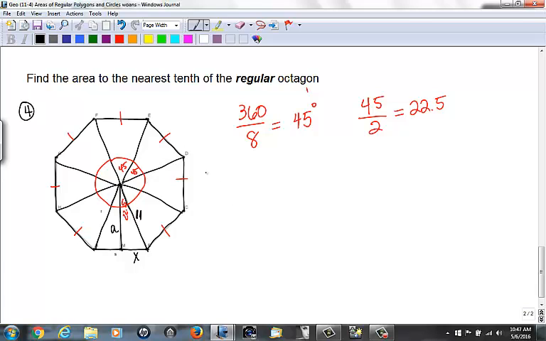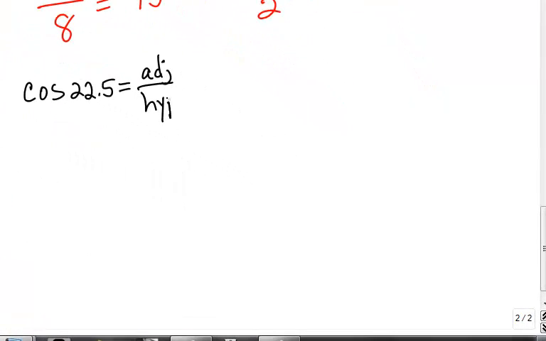Let's figure the apothem first. In terms of that angle, the apothem is the adjacent, so it would be cosine of 22.5 degrees equals the adjacent over the hypotenuse. So cosine of 22.5, the adjacent side would be A, the hypotenuse would be 11.